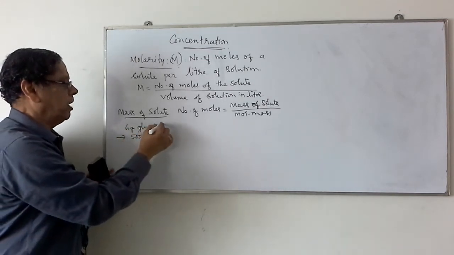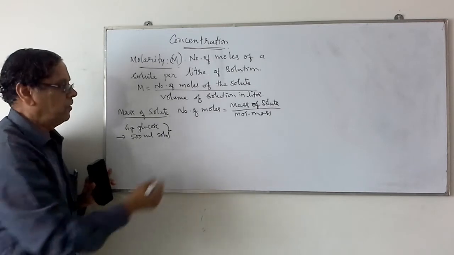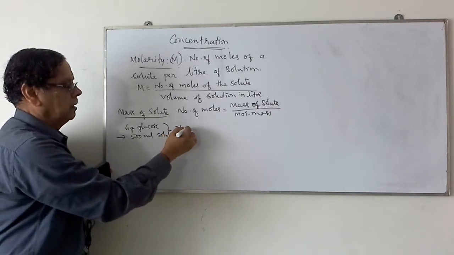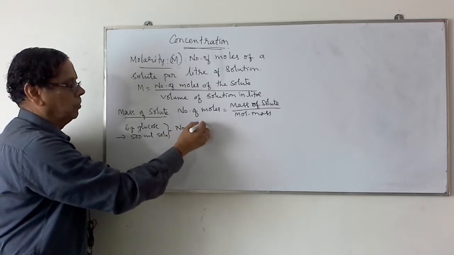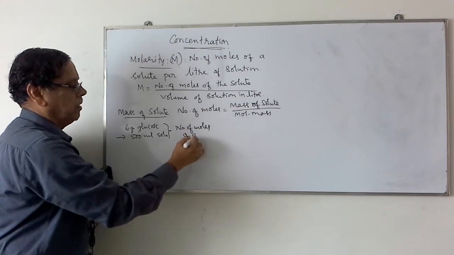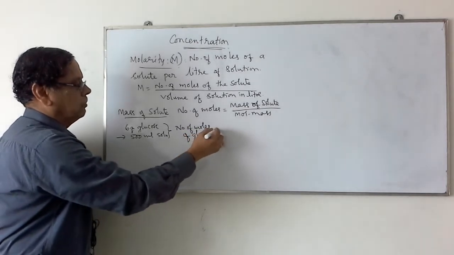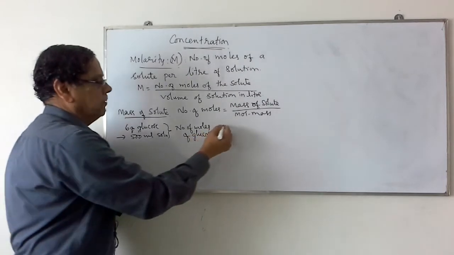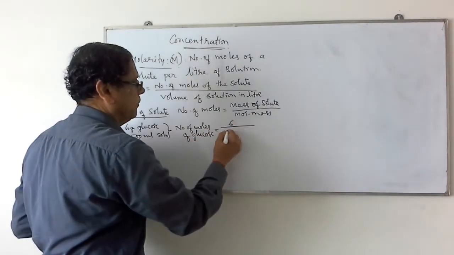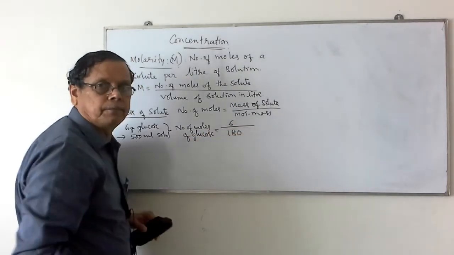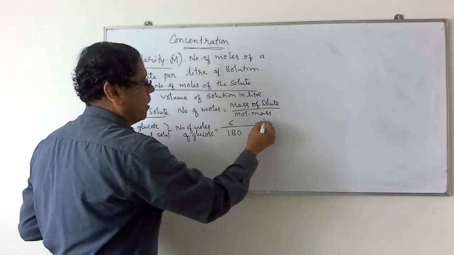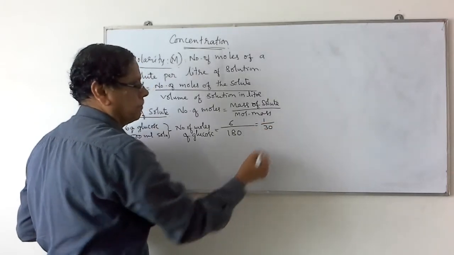Then to calculate the molarity of such a solution, first you calculate the number of moles. Number of moles of glucose is equal to the mass of the solute, that is 6 grams, divided by 180. So this is 1 by 30.